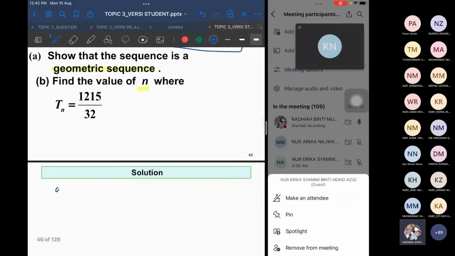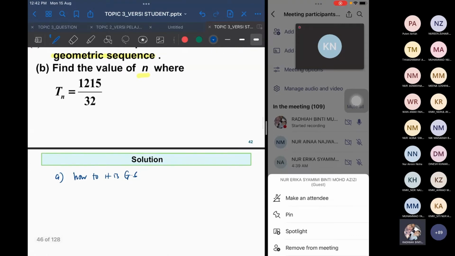Kita nak show ni ya kelas. Okay, so how to show it is geometric. Saya tulis GS tu awak tahu lah, geometric sequence. Okay. So macam mana nak show?